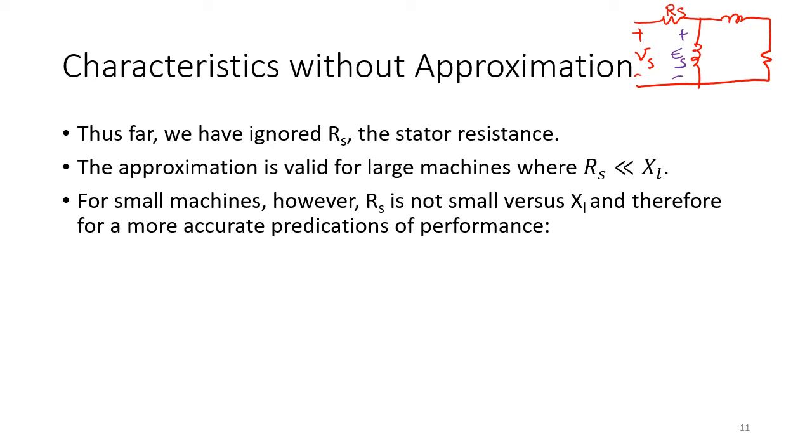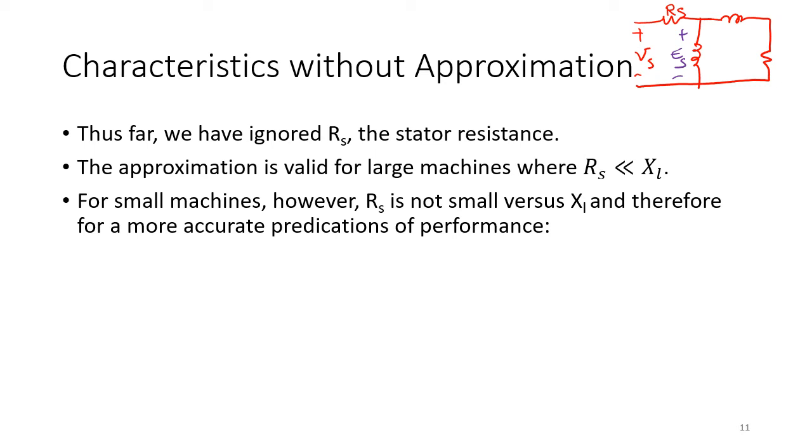But when we get to small induction machines, less than 10 kilowatts, it's not a very good assumption. RS cannot be ignored, and in those cases we cannot say ES is equal to VS. The equations we have derived can still be used, but each time you need to calculate ES from VS and then use it in the equation.